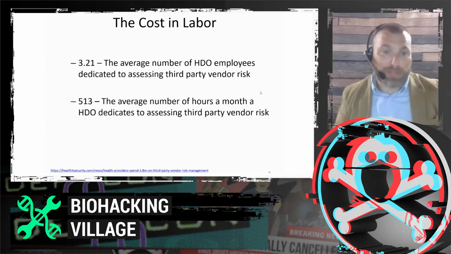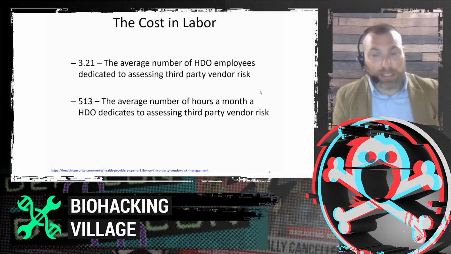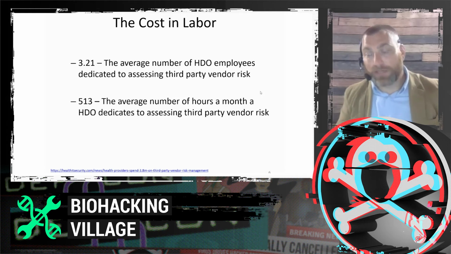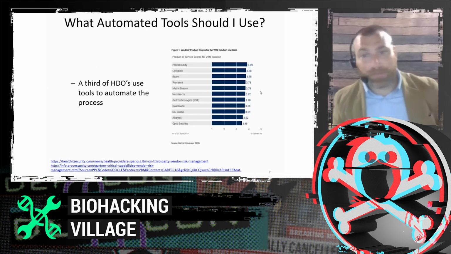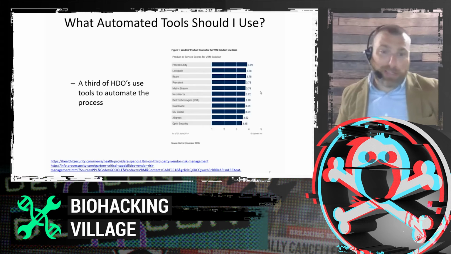And if you do the math on that, that's about 513 hours a month that HDOs are dedicating specifically to looking at third-party risk of vendors that they're going to partner with, or vendors that have devices that they're considering purchasing.